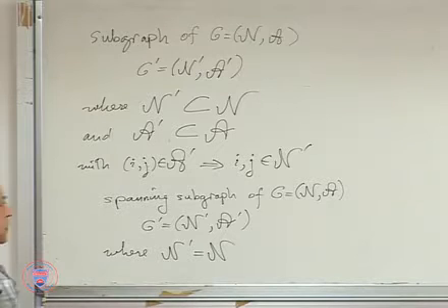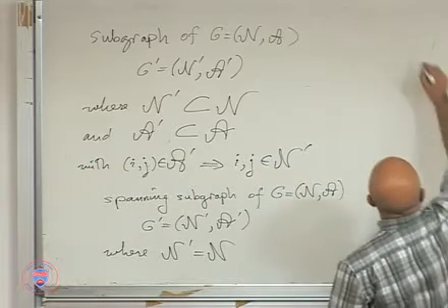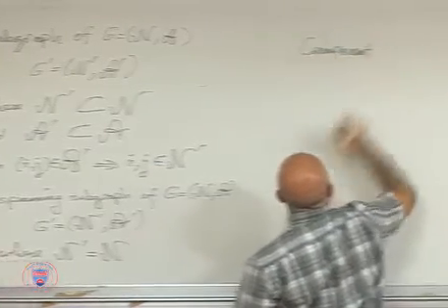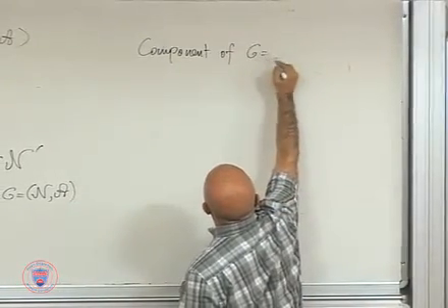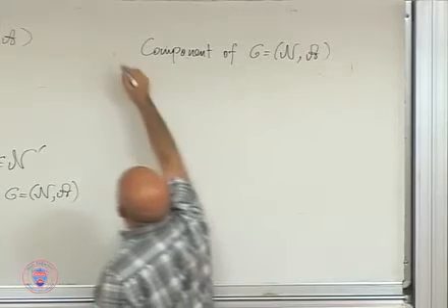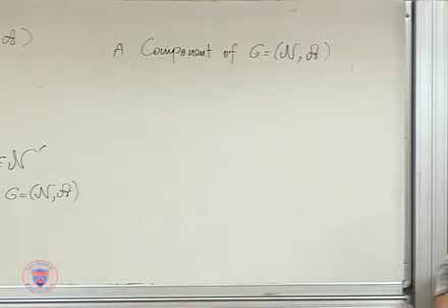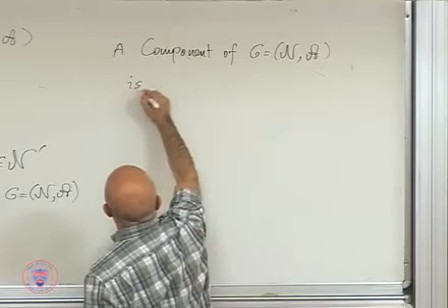Okay? That's a spanning subgraph. So a component of a graph G is a maximally connected subgraph of G.